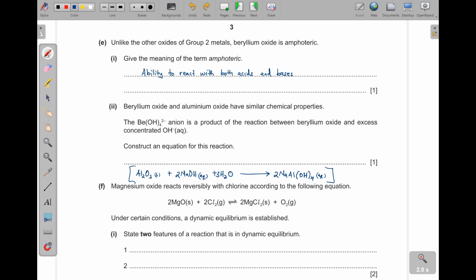Now, for this one here, beryllium oxide is a product of reaction between these. So I'm going to do the same thing.